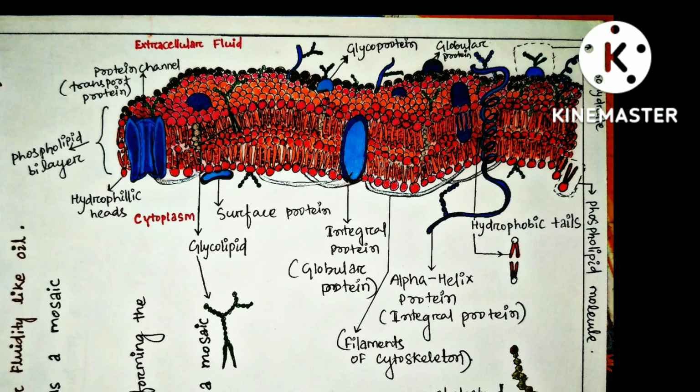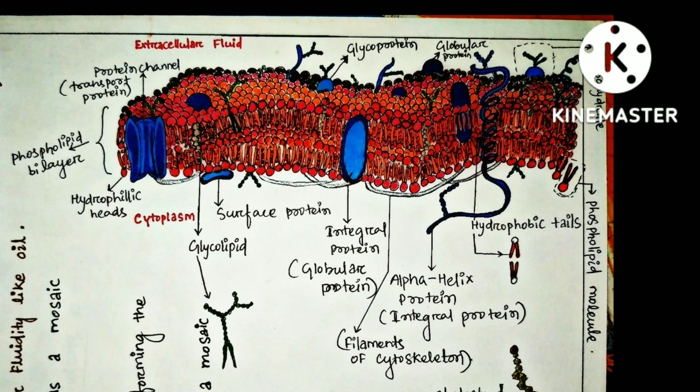This model explains the structure of the plasma membrane of animal cells as a mosaic of components such as phospholipids, proteins, cholesterol, and carbohydrates. These components give a fluid character to the membrane.